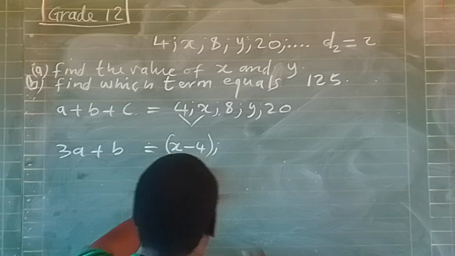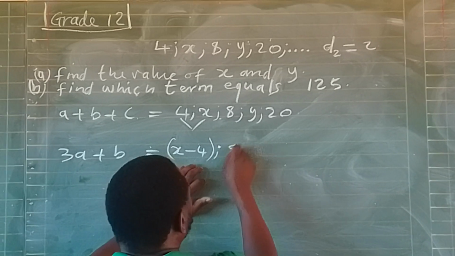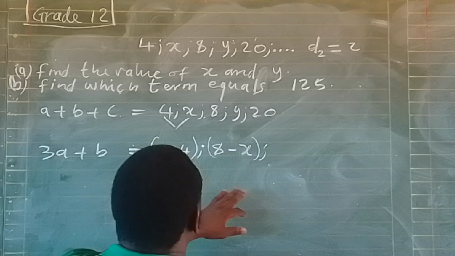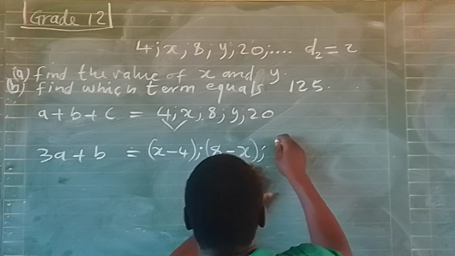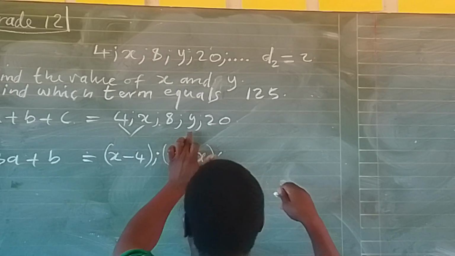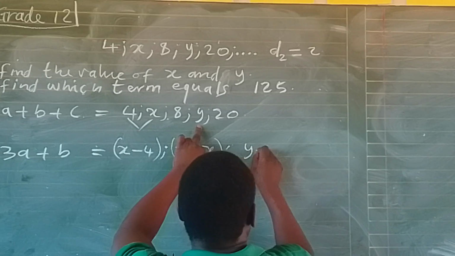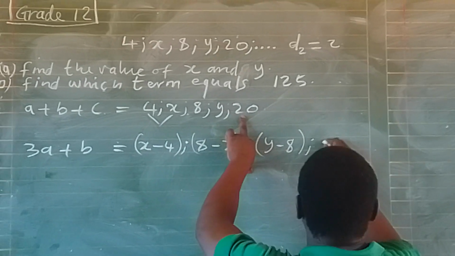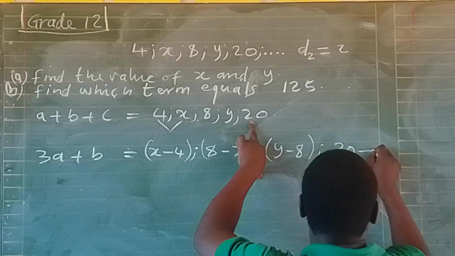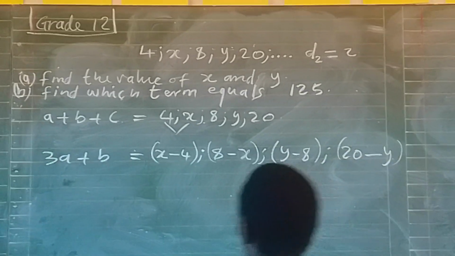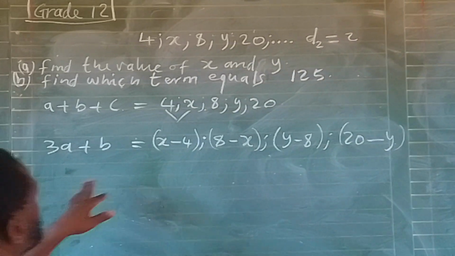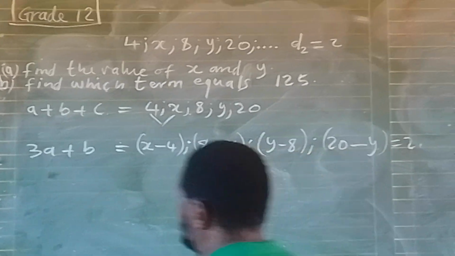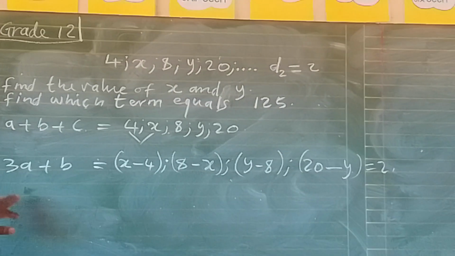The next difference is going to be 8 minus x. The other differences are going to be y minus 8, followed by 20 minus y. Now, is this equal to 2?